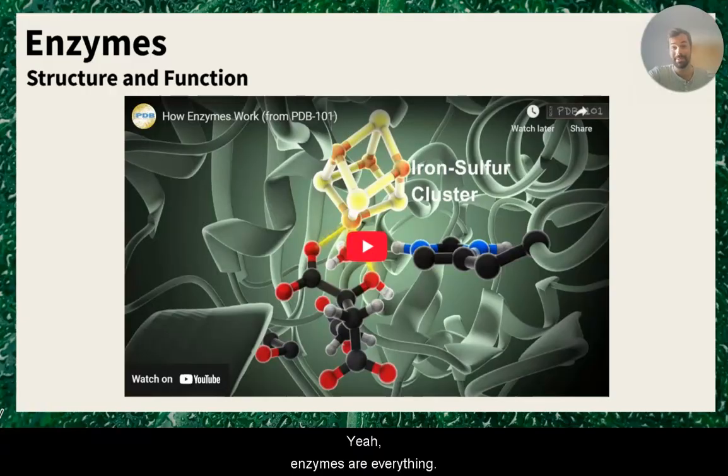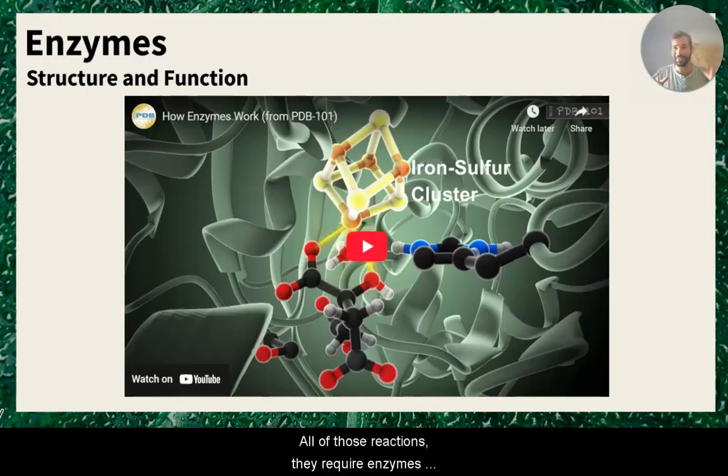Yeah, enzymes are everything. So we'll keep talking about enzymes because all that diversity of proteins and how they're structured, all their little R groups that they have, they're what enable all of the reactions that are going on, all these complex metabolic pathways. You saw those little webs of the citric acid cycle, and we'll talk about the citric acid cycle, which is a key part of cellular respiration.